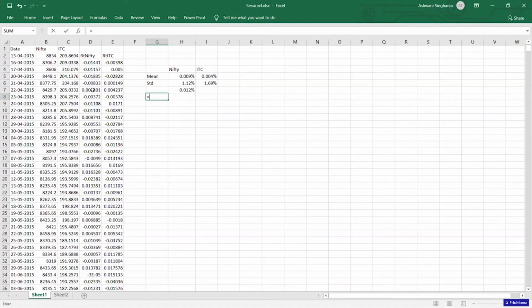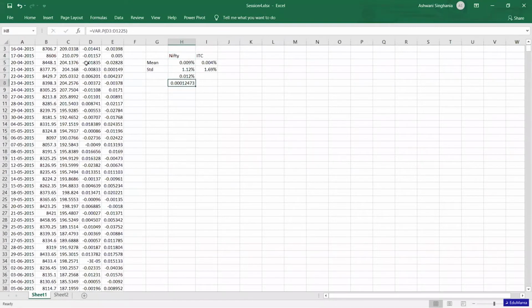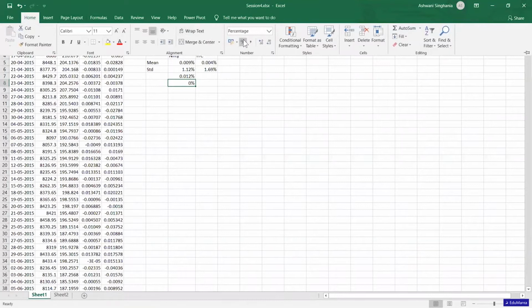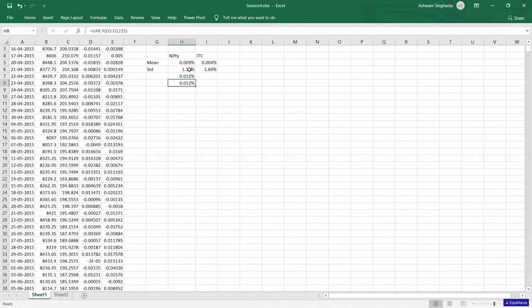We can also calculate it through a function. We have VAR.P or VAR.S, again the same concept, population or sample. Let's see for this. Yes, we are getting the same variance. Let me convert it into percentage. When we squared the standard deviation, we got the same variance, and the same value we get through the variance function.